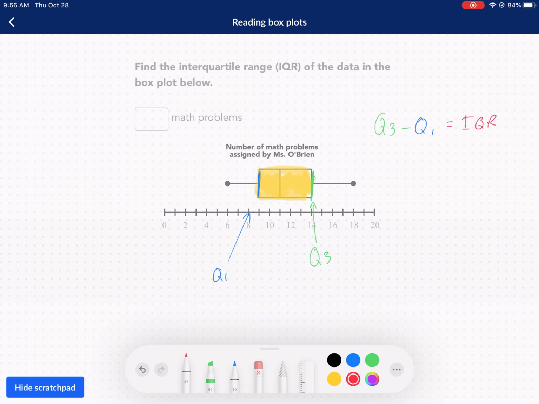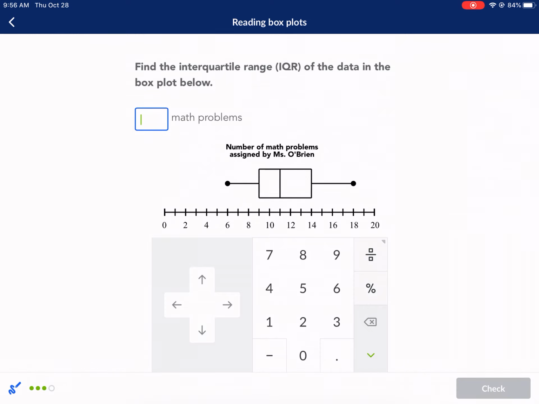Q3 in this case is 14, minus 8.5. Oh, that's not 8.5, that's 9. Almost screwed that up. So 14 minus 9, and we know that's 5. So 50% of the data is within 5 math problems of each other. 50% of the math problems assigned were between 9 and 14, so within 5 math problems of each other. So that's 5, and we'll check it.